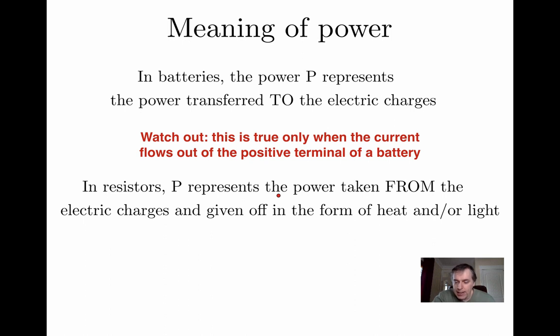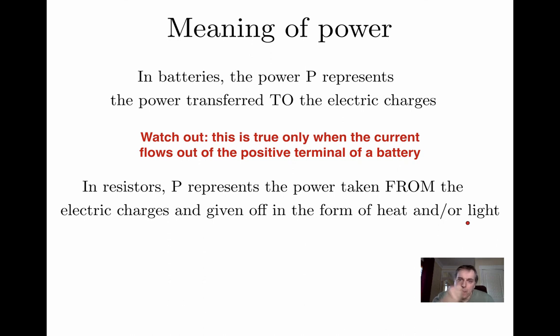Usually it's heat, because resistors get hot when there's a current flowing through them. Where is this heat energy coming from? It's energy that is taken away from the charges. How much energy per second is given by the power that we calculated before. So the resistors transform energy of the charges into heat, or sometimes into light.